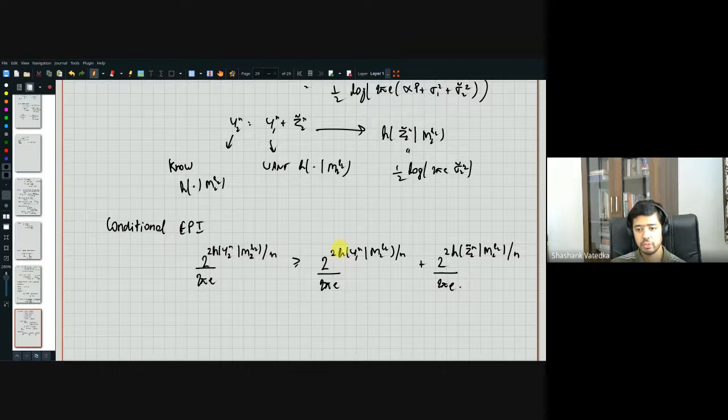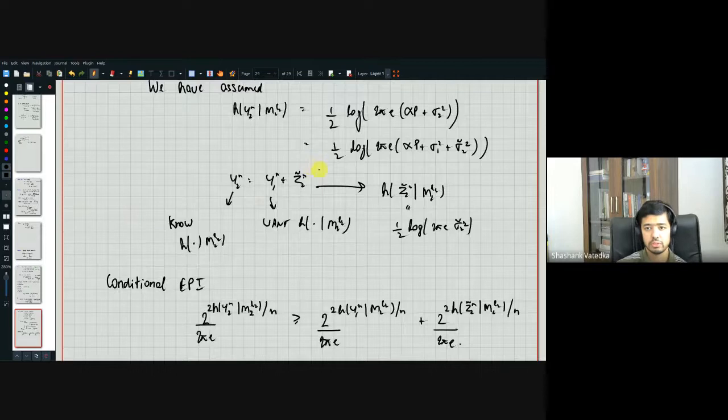Okay, so what we want is an upper bound on h of y1 given m2. We know what this term is. h of y2 given m2 is half log 2 pi e times alpha p plus sigma 1 square plus sigma 2 tilde square. And this is half log 2 pi e sigma 2 tilde square. So that makes our job easier. So 2 to the 2 raised to the entropy divided by n is equal to this. Sorry, I'm always missing n here.